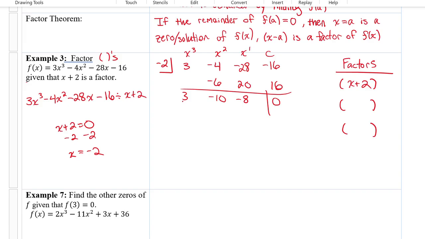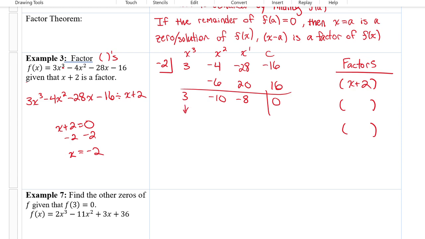So I need to take this 3, this negative 10, and this negative 8 and turn it into a new polynomial. We apply the same logic from our previous synthetic example. If I start with a degree of 3 and do synthetic division once, our new degree is 3 minus 1, or 2.